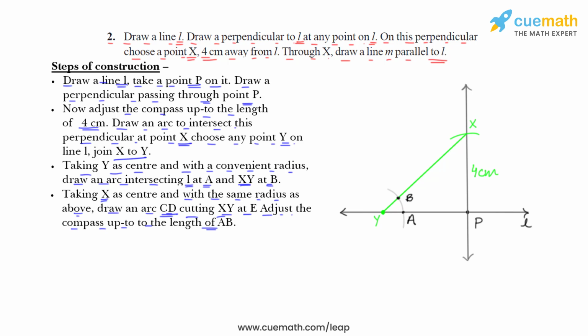So taking X as center and the same radius as above, the radius we took here, we draw an arc CD cutting XY at E. So taking X as center and this radius, we draw an arc like this which will intersect XY at E, and this arc is CD.